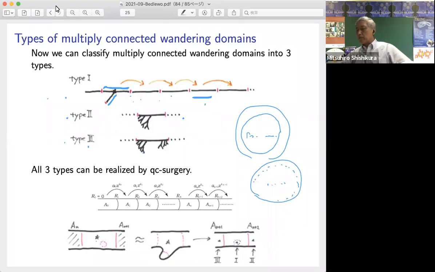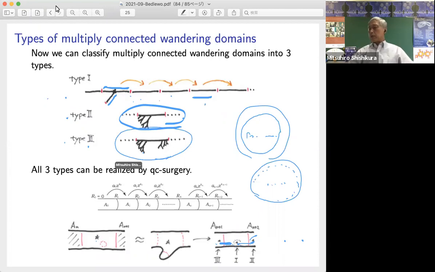Adjust the critical value to the upper part of the core of the wandering domain, or the lower part. If you adjust it to the upper part, you get type 2, and to the lower part, you have to do the construction infinitely many times, and then you obtain this type 3 multiply connected wandering domain.